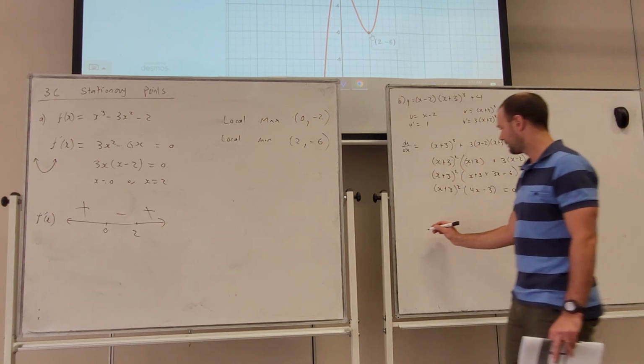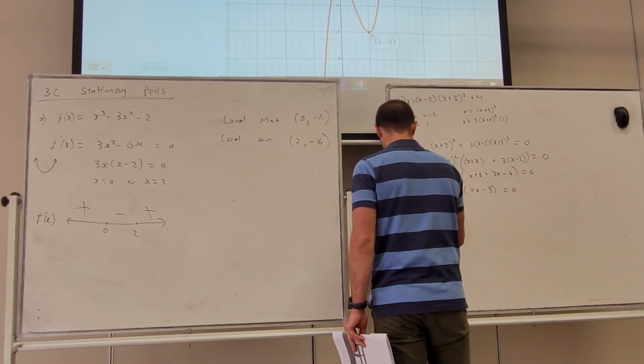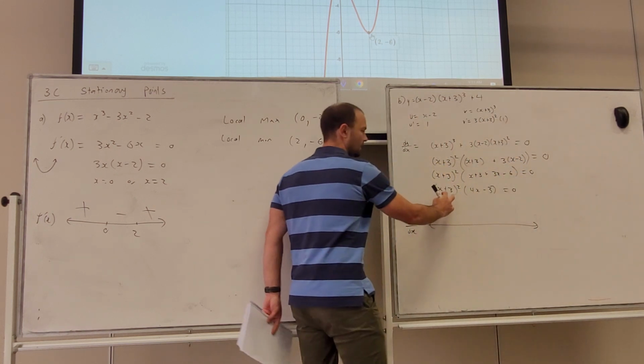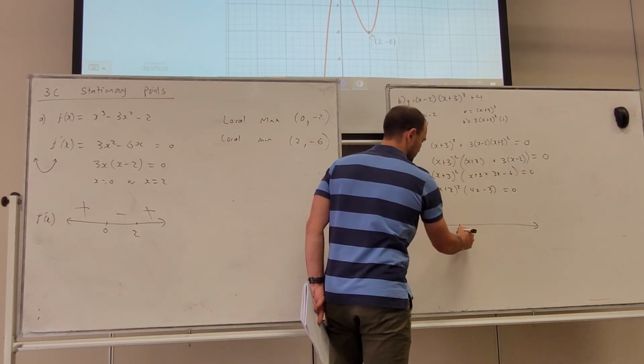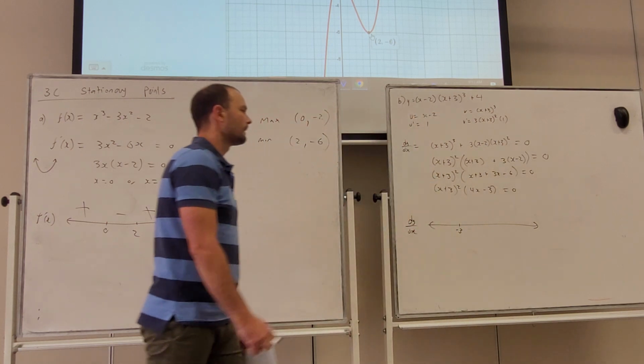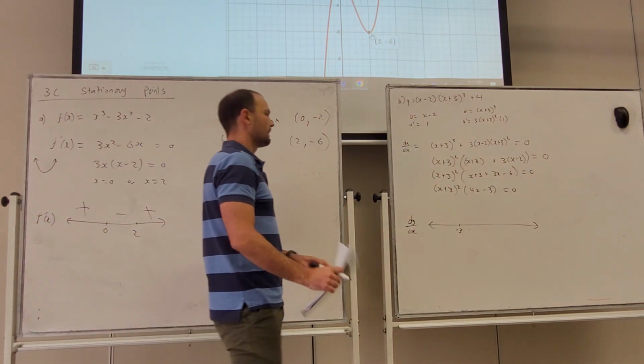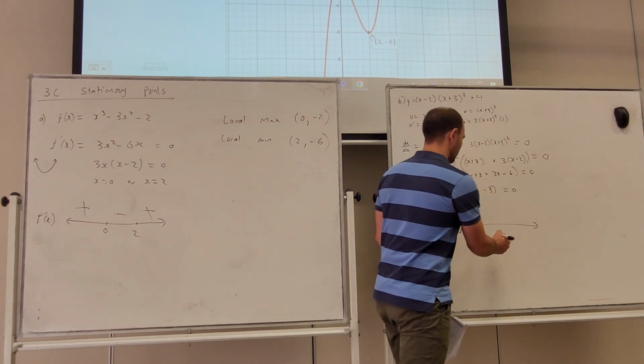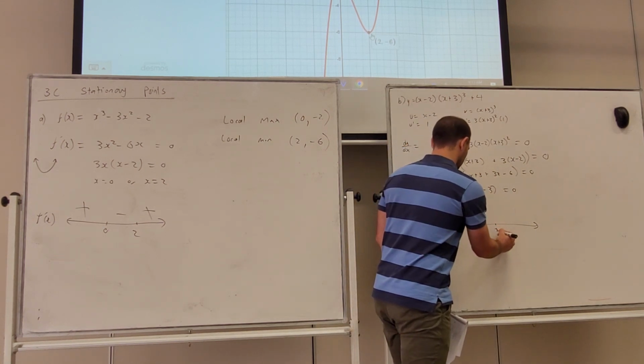I'm going to put down here, I think, so we have a double root at x is minus 3, and a single root at x is positive 3 on 4.